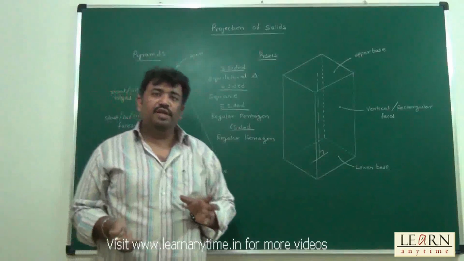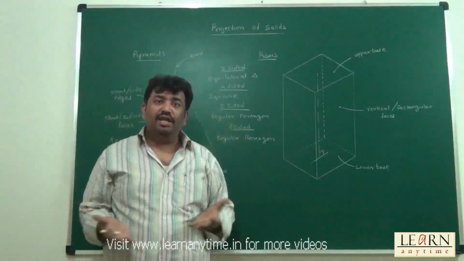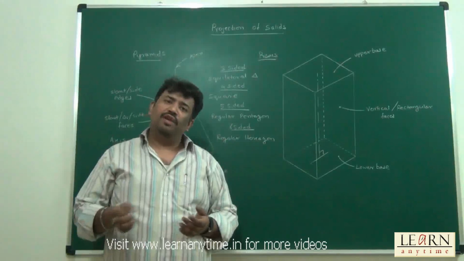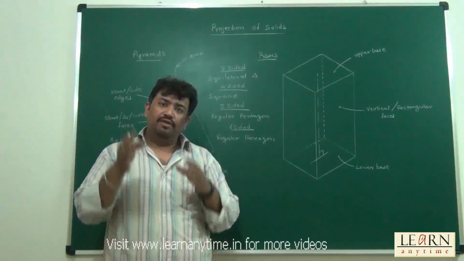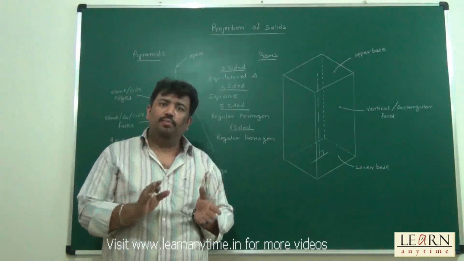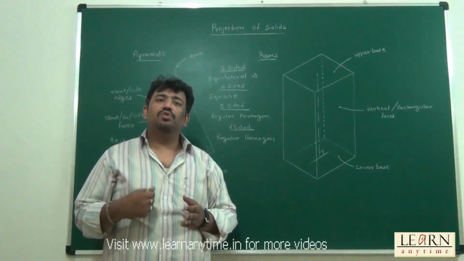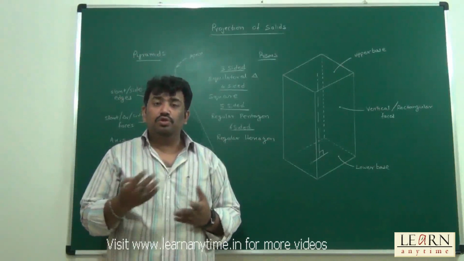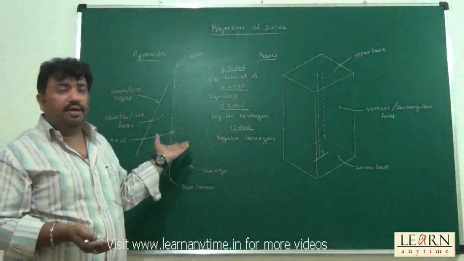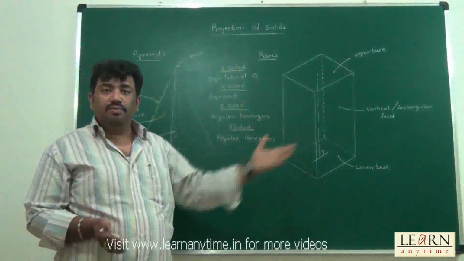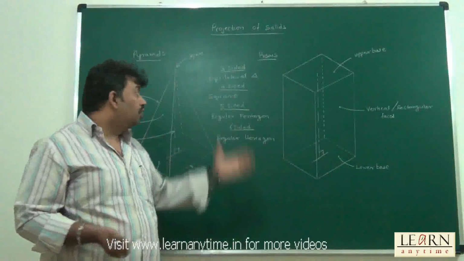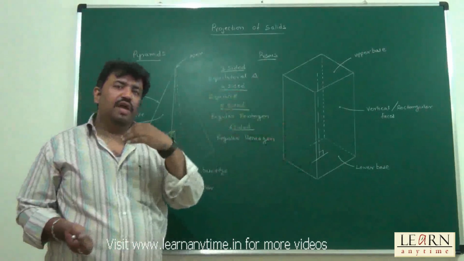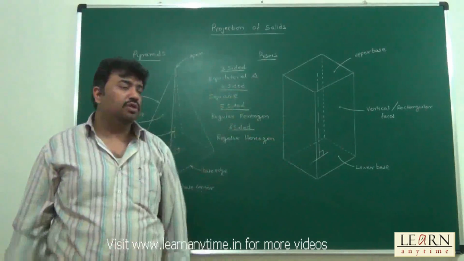So far we have seen that out of these 8 solids, 4 pyramids and 4 prisms, we can be given any one of the solids and they can place that solid into any position and ask us to draw the front view and top view of that solid. The solid can be a pentagonal pyramid, a hexagonal prism, anything.